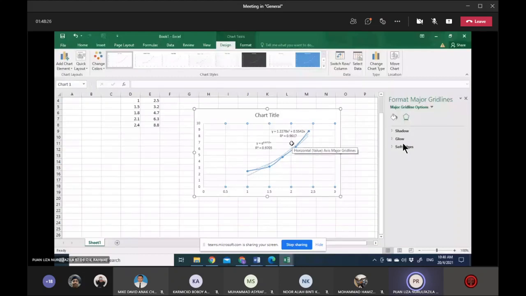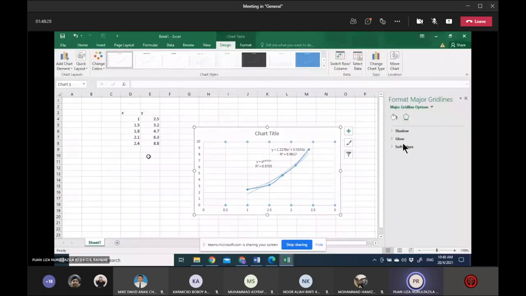Now, let's say I want to find the value for x equals 2. Okay, so we don't have y when x equals 2.